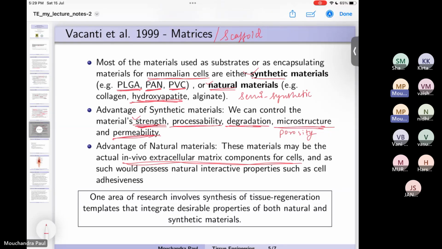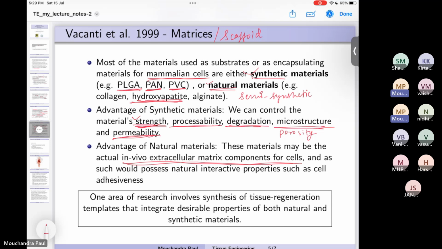So if we extract collagen from animal tissue, like rat tail, etc., and encapsulate cells in collagen, or grow cells on the surface of the collagen substrate, the cells will easily recognize it because the cells already have integrin receptors for the cell binding domains that are present in collagen.